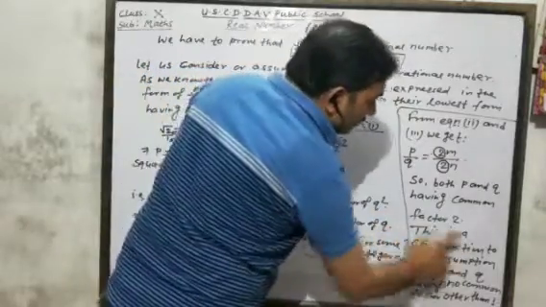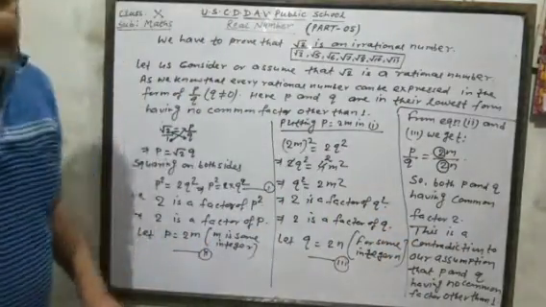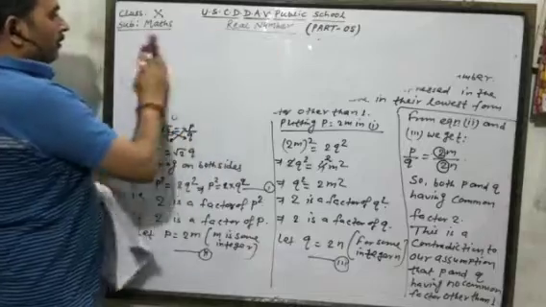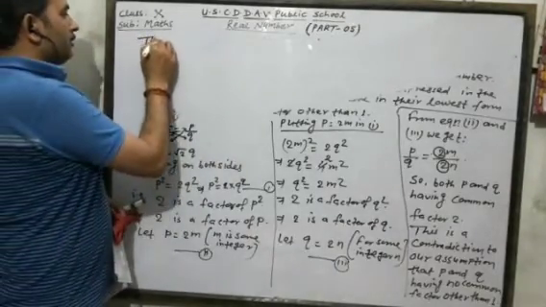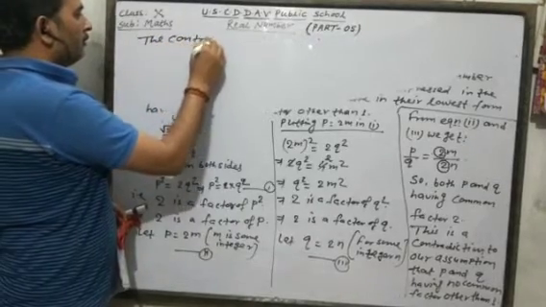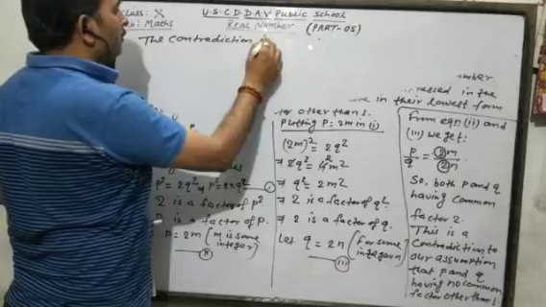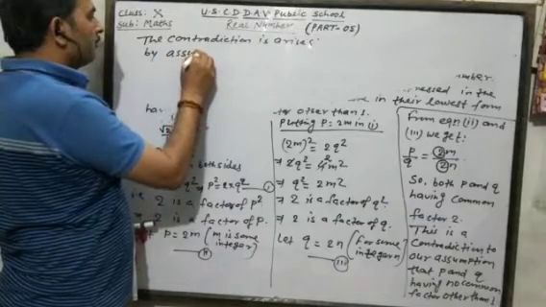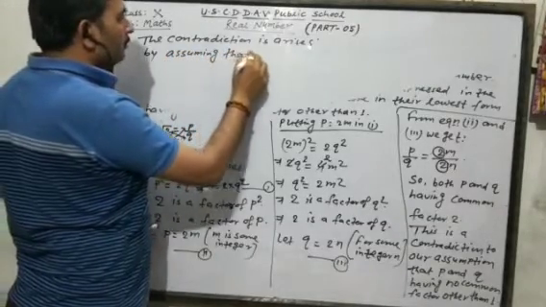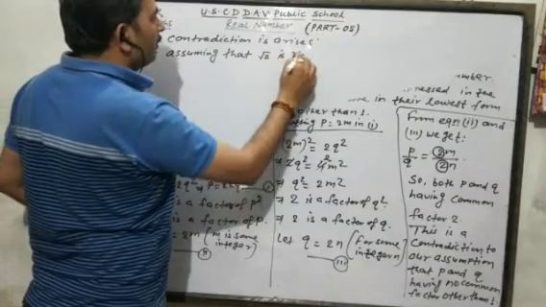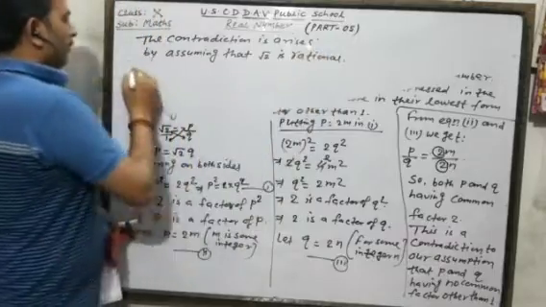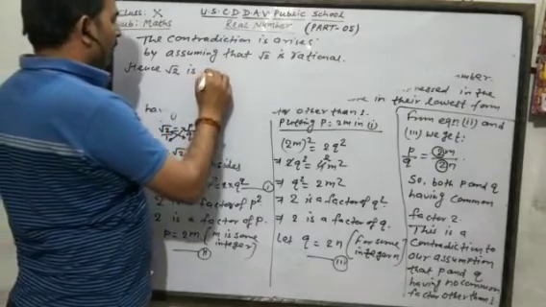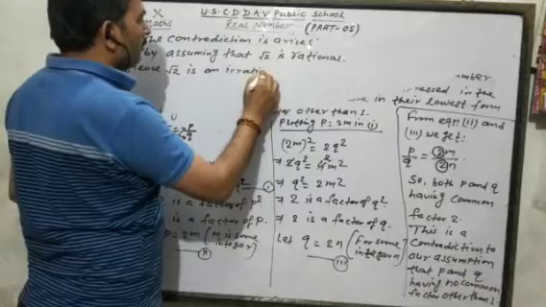So the contradiction arises. So now we will write that the contradiction arises by assuming that root 2 is rational. Hence, root 2 is an irrational number.